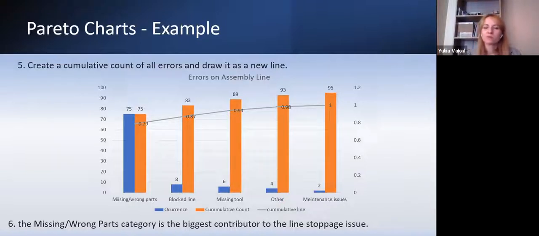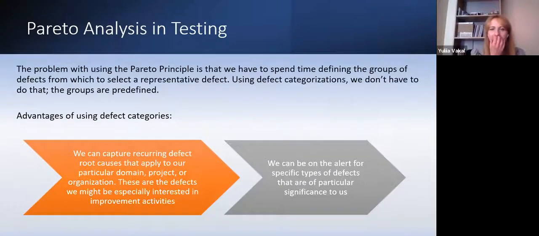But the main problem, the main issue you could have, is selecting the correct factors, the correct categories. So the main problem is to find these groups of defects, or the groups of categories which could be representative.